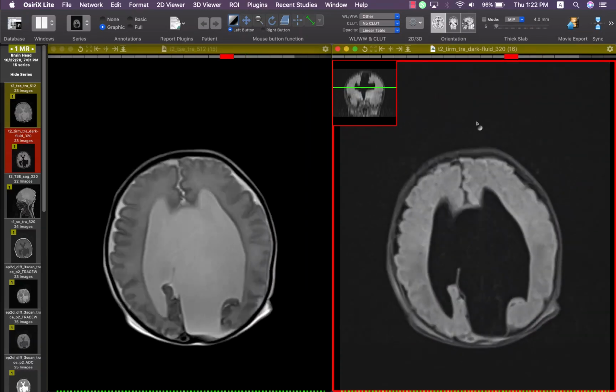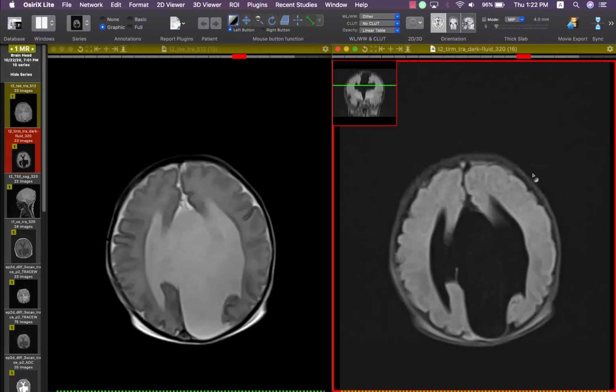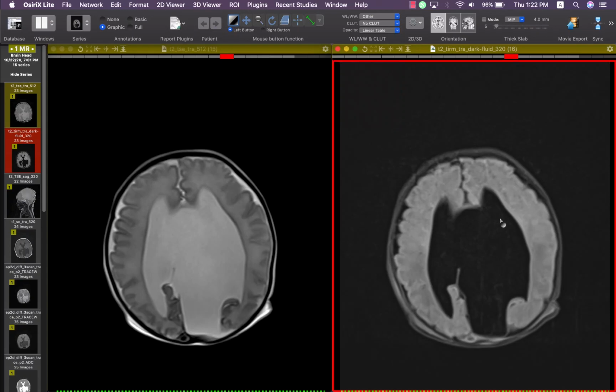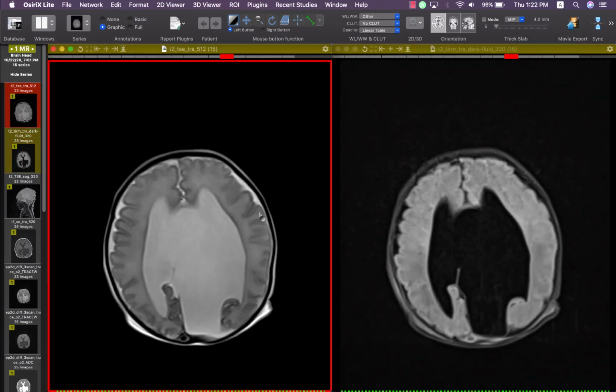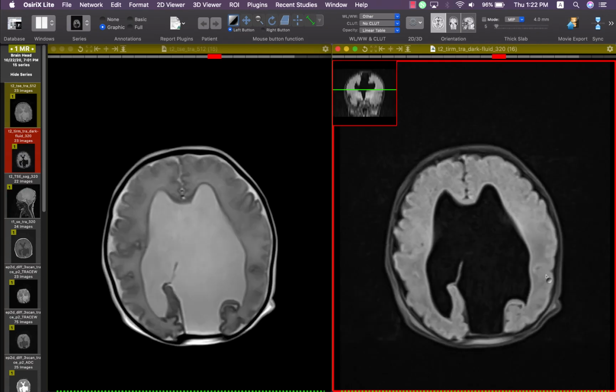We clearly see that there is a wide separation of the dilated ventricular system, interposed between the ventricles by an interhemispheric fissure cyst.